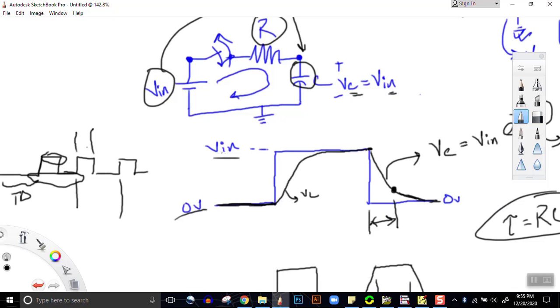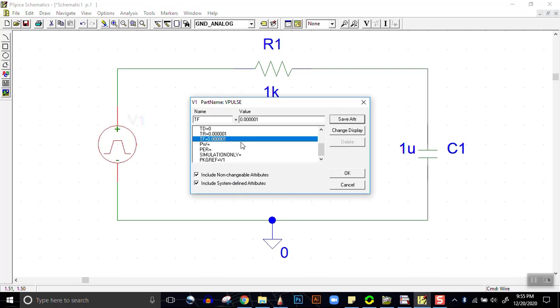So in our lab sheet, it said that we will use a square wave of frequency 100 Hertz. Since we'll use 100 Hertz, this is given in terms of seconds. So if the frequency is 100 Hertz, what is the time period?